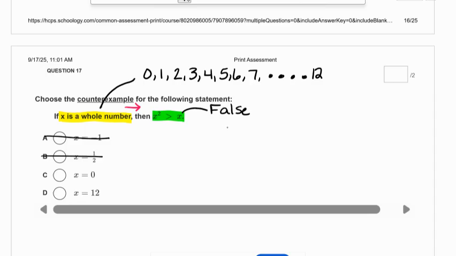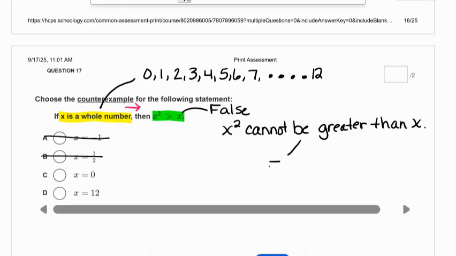That means that x squared cannot be greater than x. Okay, so that's the hard part for this one. It cannot be true. So x squared cannot be greater than x. That means it either has to be equal to or less than to be our counterexample.